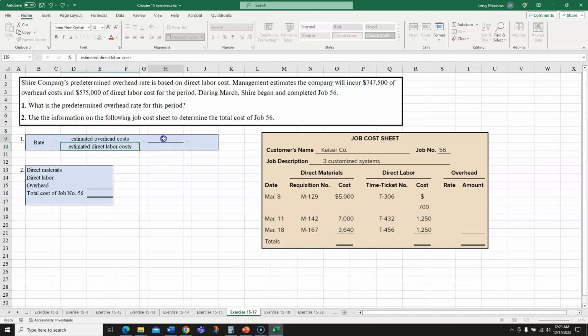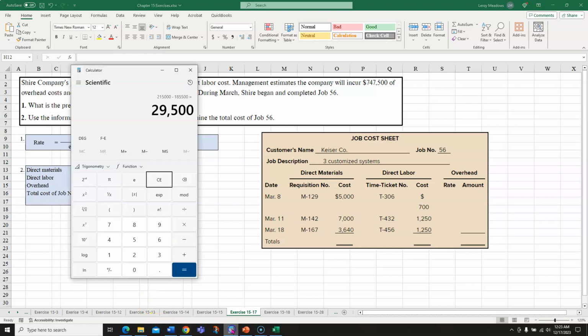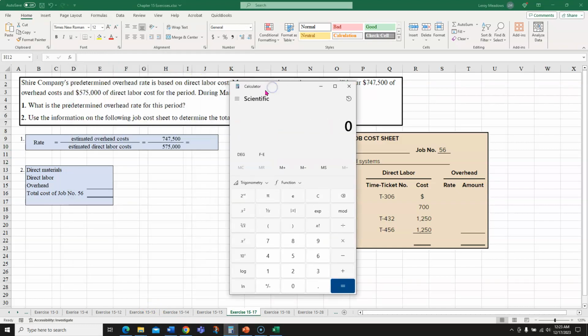So what I'm going to do is take my estimated overhead costs, which will be $747,500, divided by, based on direct labor costs, $575,000 of direct labor costs for the period.